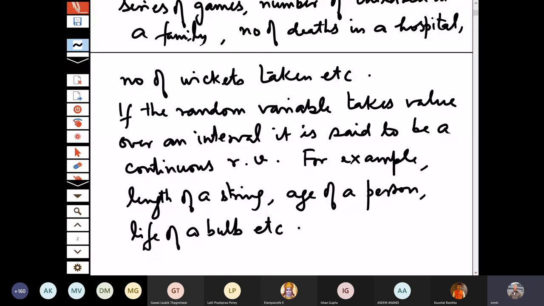Now, depending upon the type of random variable, the description of the probability distribution will be different. It will not be the same. So let me talk about the probability distribution now.